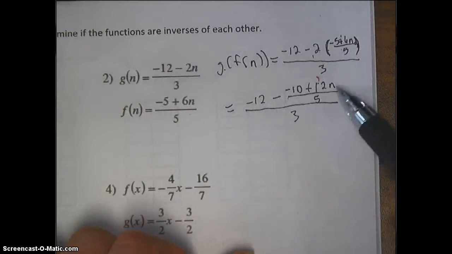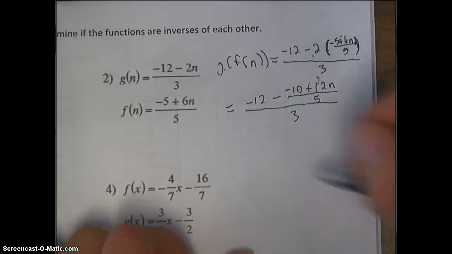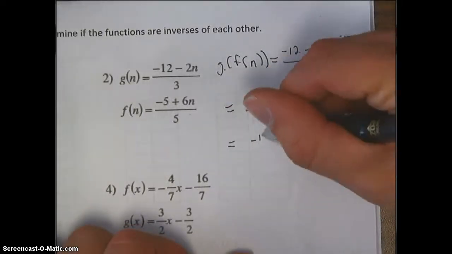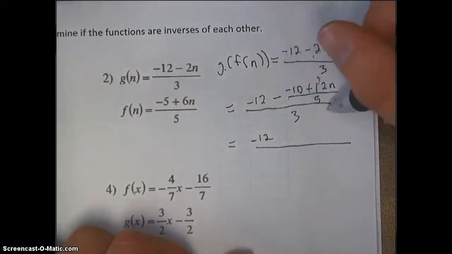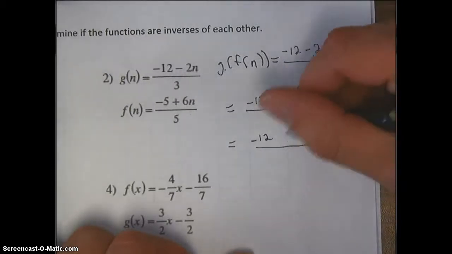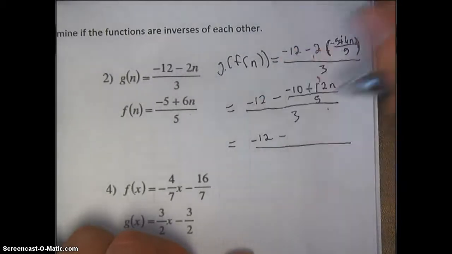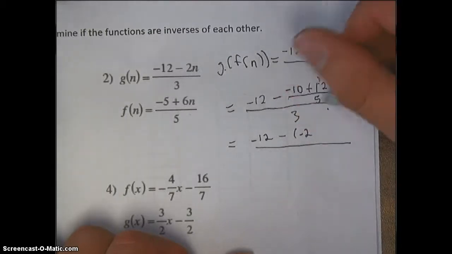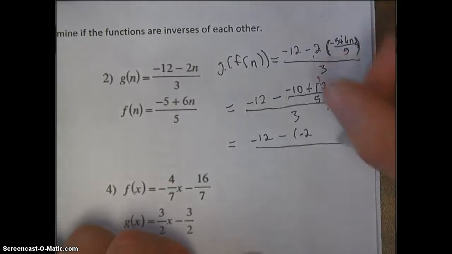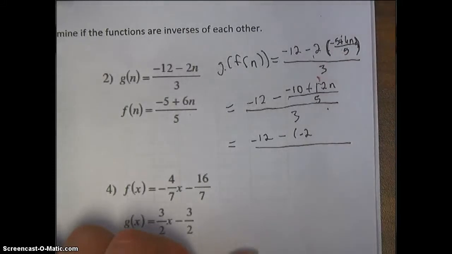Now I've got a nasty fraction up there, and I can reduce it a little bit. So let's do that. So I still got the negative 12, and negative 10 divided by 5 is going to be a negative 2, and positive 12 divided by 5, well, that's 12/5. There's not much we can do with that. We can make it a decimal, though.